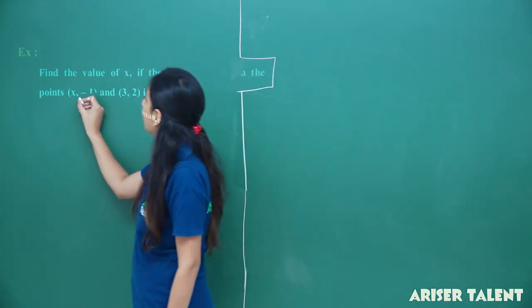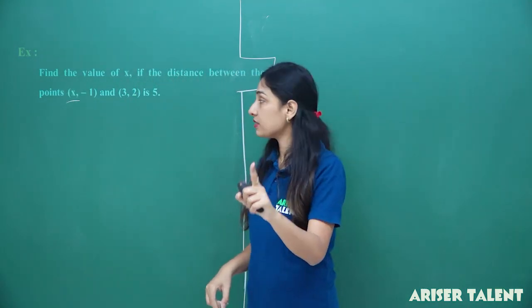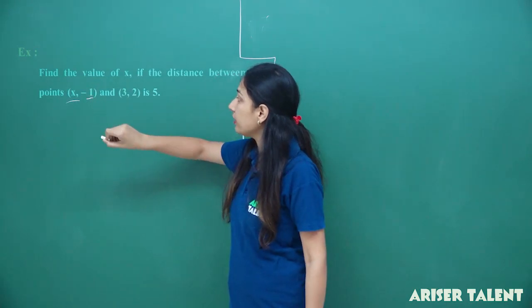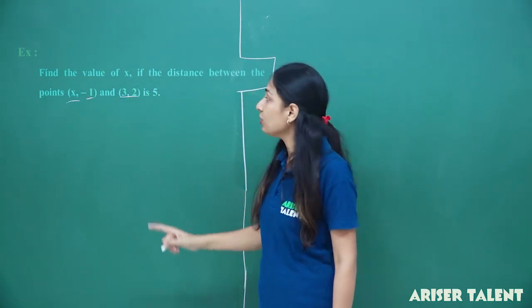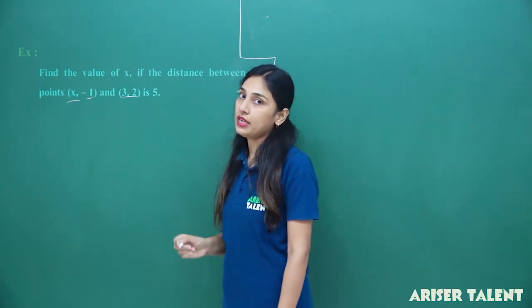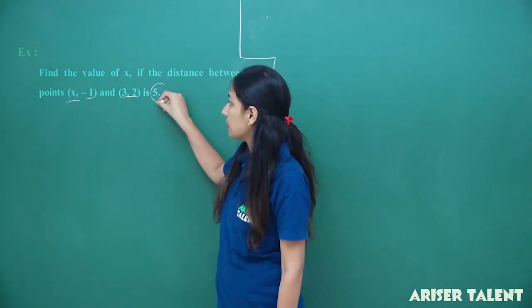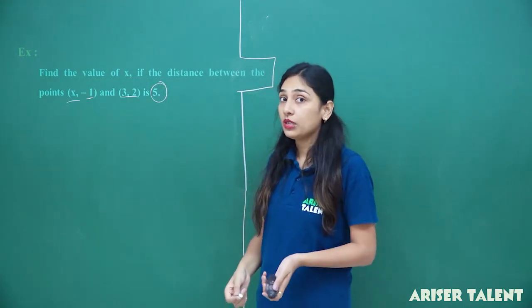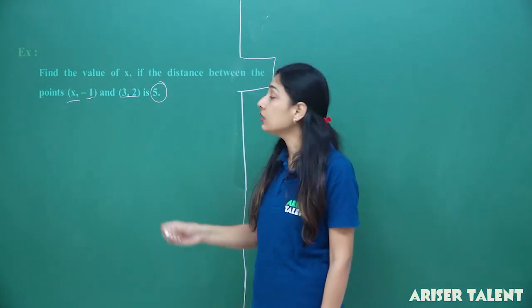Now, you have not been provided with one abscissa, but you have been provided with the other ordinate and the other abscissa and ordinate. So you are provided with the 2 ordinates and 1 abscissa. One abscissa you have to find out, but you are provided with the distance. In the previous question, we were finding the distance.